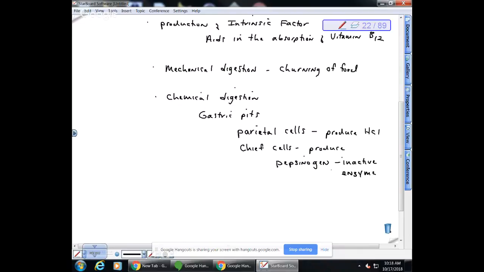Notice that this enzyme does not have that -ase ending, right? So pepsinogen in the presence of hydrochloric acid, so that would be in the lumen of your stomach, is converted to pepsin. So pepsin is an important enzyme because it breaks down proteins.